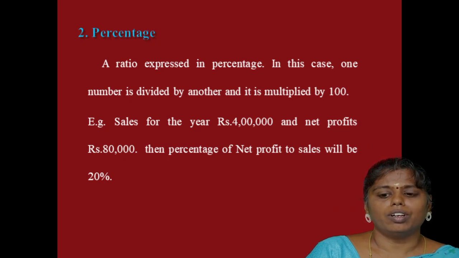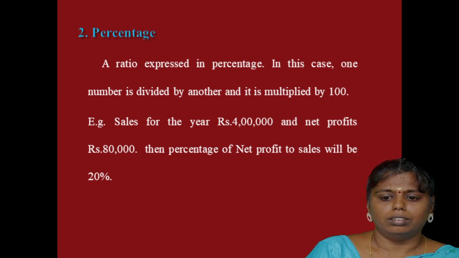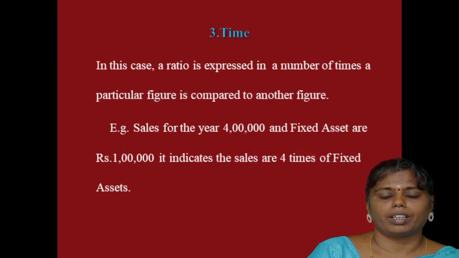The sales for the year are 4 lakhs and net profit is 80,000. Now when we apply it, net profit ratio equals net profit divided by sales, so 80,000 divided by 4 lakhs, which is 20%.